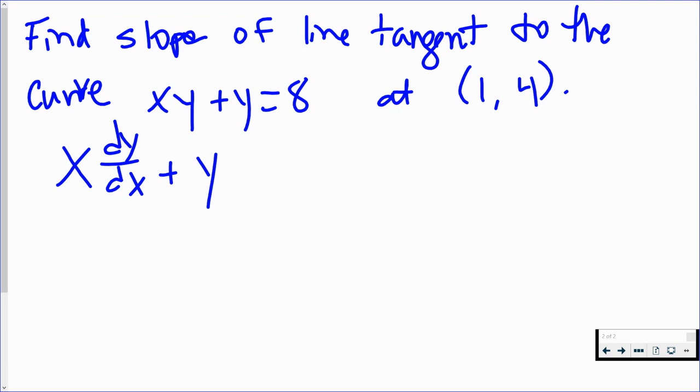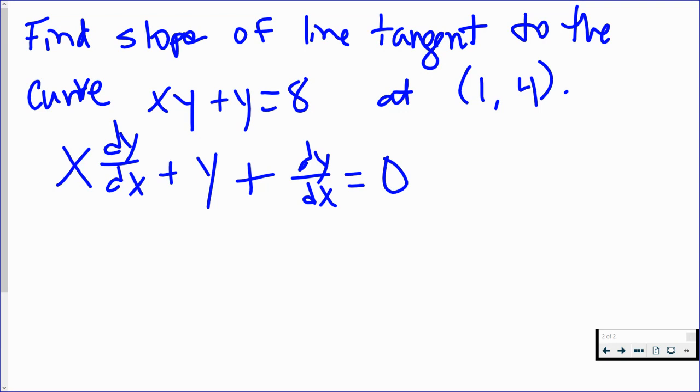The derivative of x is just 1. And remember, we don't need anything special when we take a derivative of an x term because we're taking it with respect to x. Plus, now take a look at our next term, which is a y. The derivative of y is 1, and then we need dy dx, equals 0. Okay, because the derivative of 8 is 0.